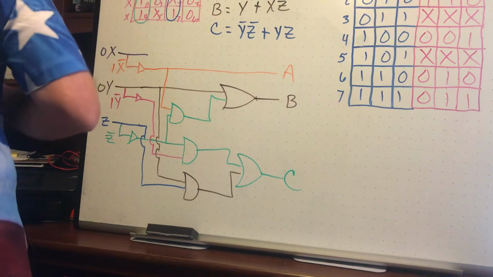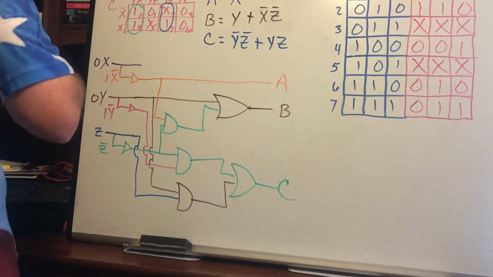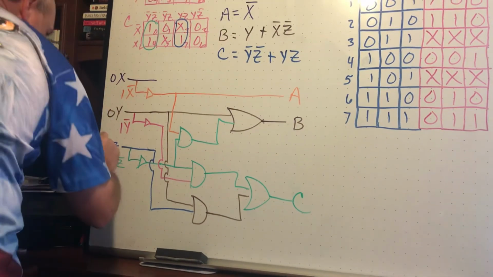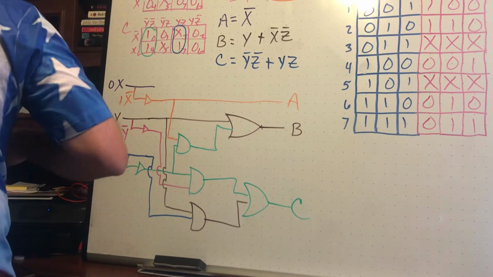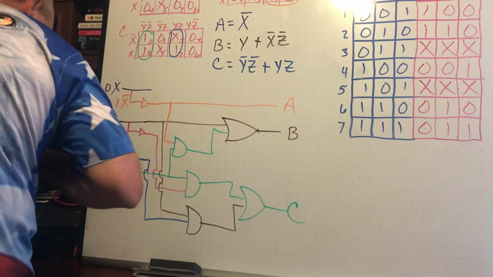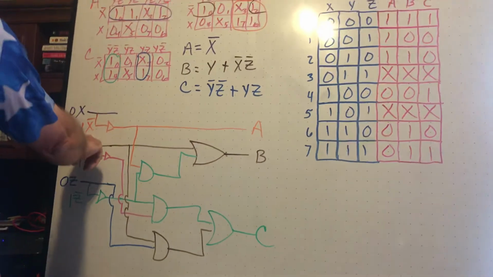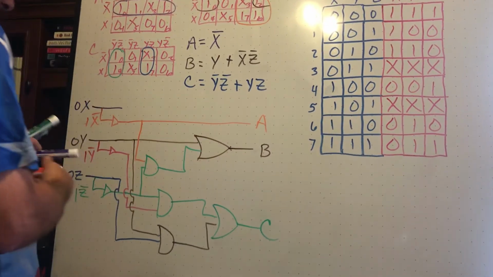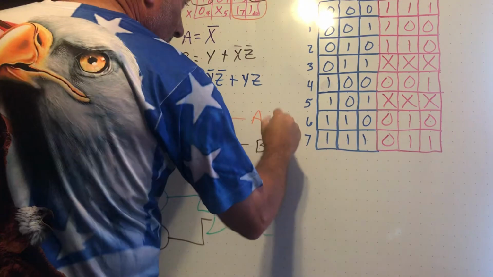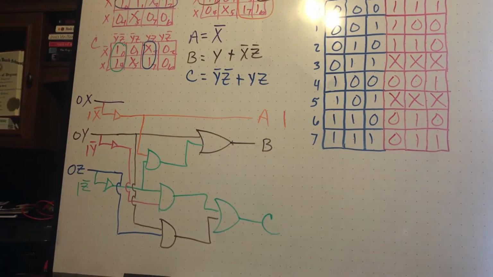And then Z is a 0, which will make Z naught a 1. So now when I go through my circuit, well, X naught is a 1, A is 1, because A equals X naught.